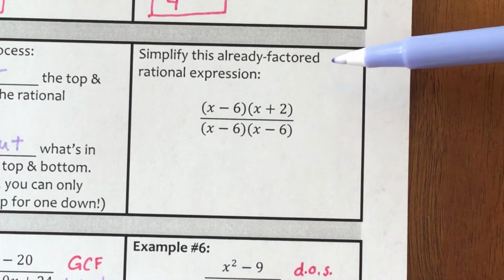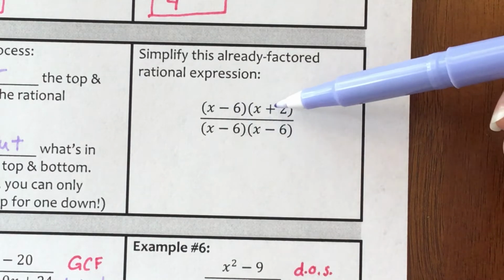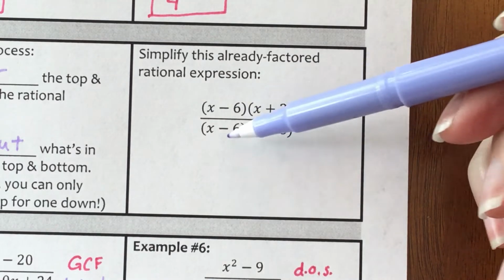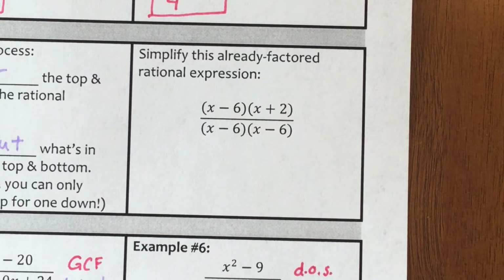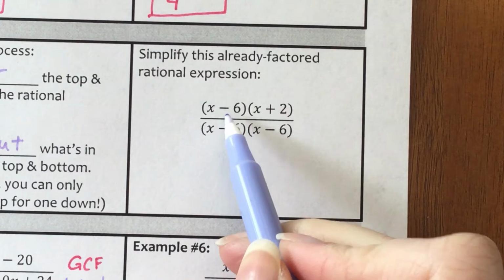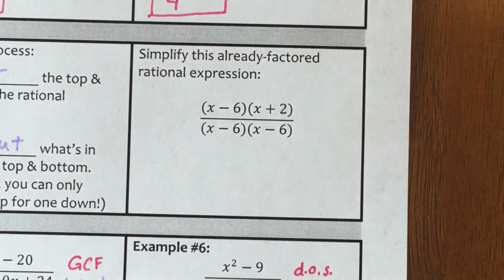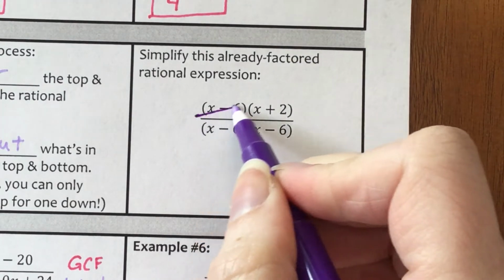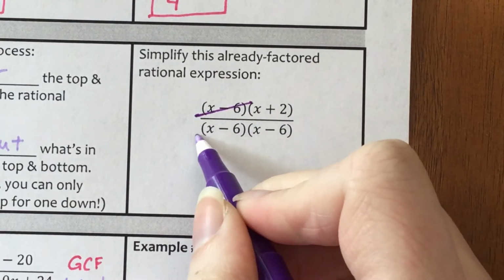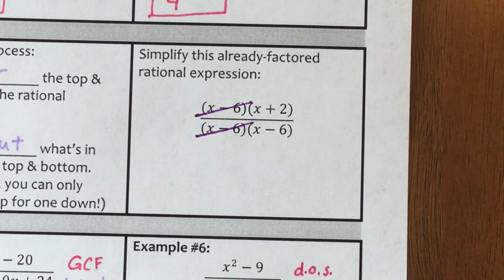It's already factored out. The top is two sets of parentheses multiplied, and the bottom is two sets of parentheses multiplied. We're looking for what is going to match. We have an x minus 6 here, and we also have an x minus 6 on the bottom. So we're going to cross out the x minus 6 from the top with one of the x minus 6's from the bottom.